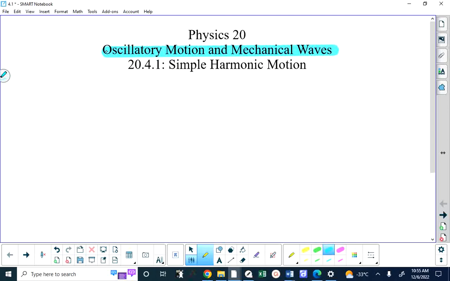Periodic motion. I'll ask you a question here. If I asked you to estimate the period of this, and we're getting a little bit ahead of ourselves, I want to know how long it takes to repeat. The best thing to do would be to start a stopwatch and count off 10 complete oscillations.